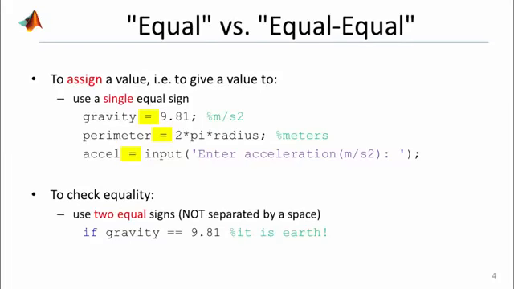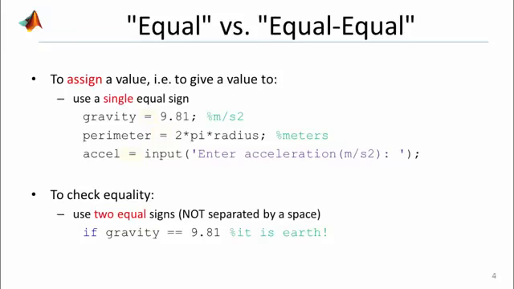There are a lot of ways to give a value. Gravity equals 9.81 is called hard coding. Perimeter equals 2 pi radius, you're using an equation. Acceleration equals input enter acceleration, you're prompting the user. But in all cases, we are using one equal sign. We want to give a value to a memory location.